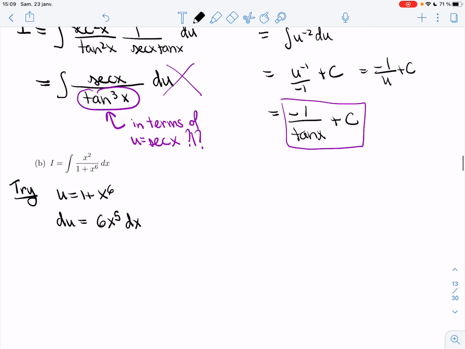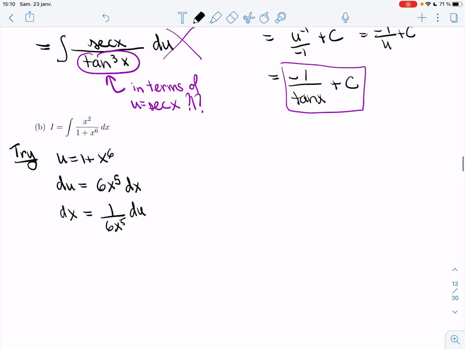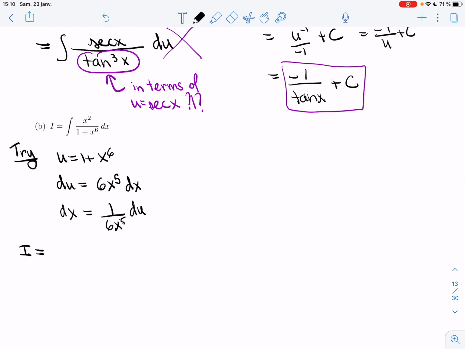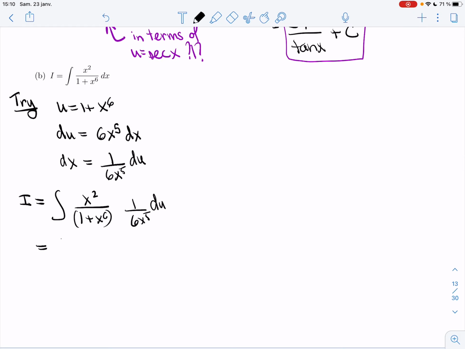Maybe it will work out, so let's try. If I isolate dx, I'm going to get 1 over 6x to the 5 du. And so the integral is going to give me 1 over 6.